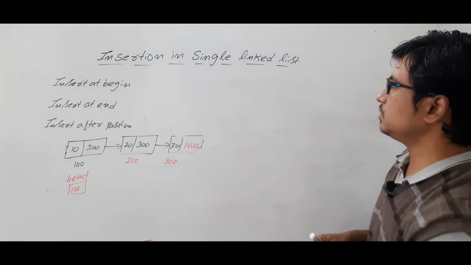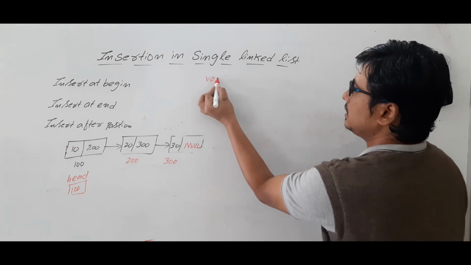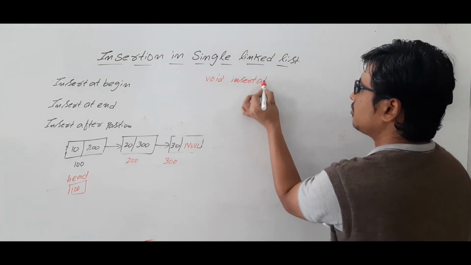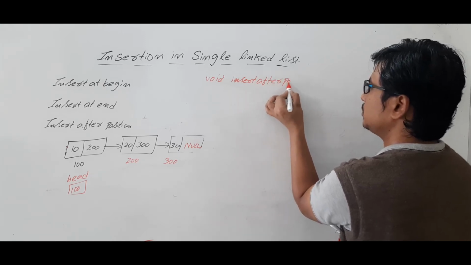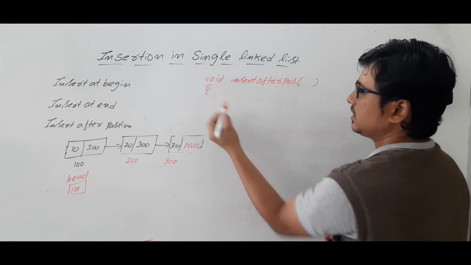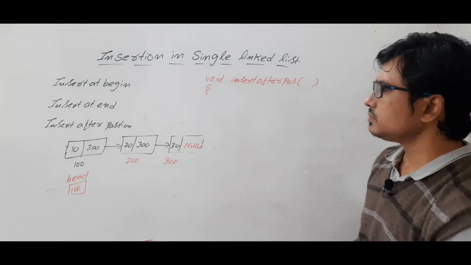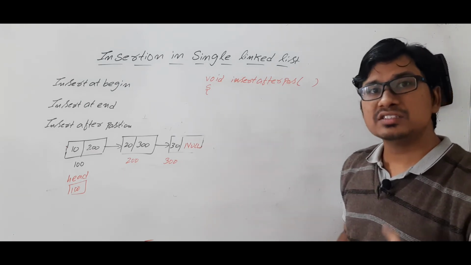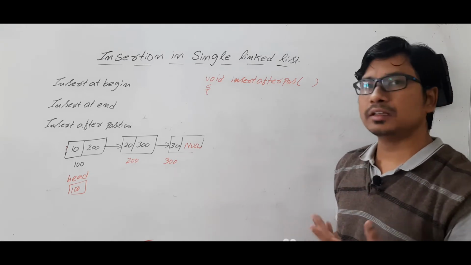Now, let me write a user-defined function called insert after position. I will write it as POS. The name I can give anything. Now, what I have to do? First, I need to ask the user to enter the position.